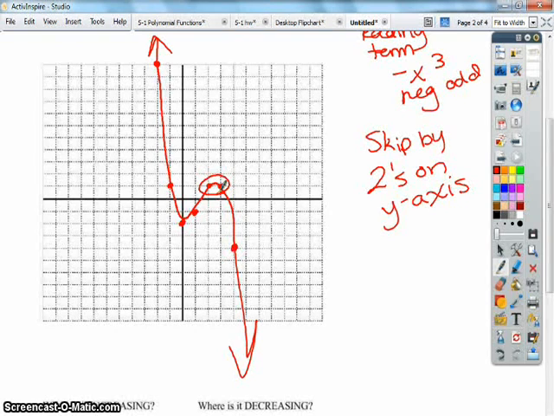It has to. It can't flatline. Now we can see that it does take a turn around here and around here. What we don't want to do is assume we know what the turn is.